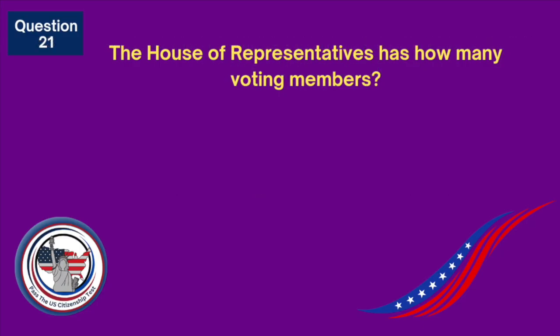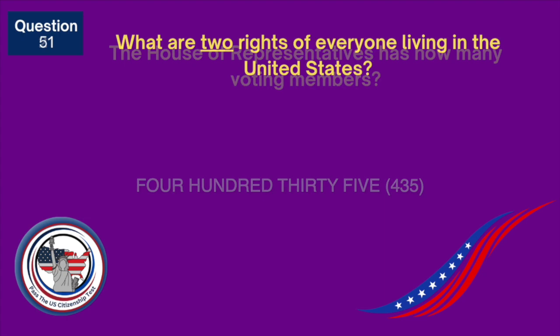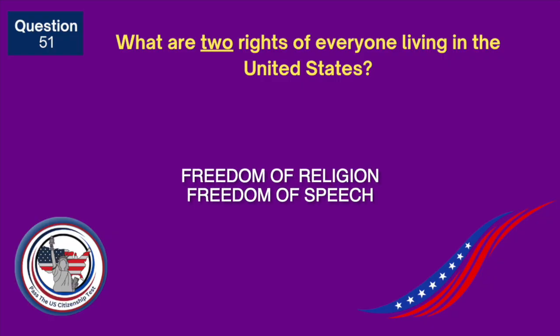The House of Representatives has how many voting members? 435. What are 2 rights of everyone living in the United States? Freedom of religion. Freedom of speech.